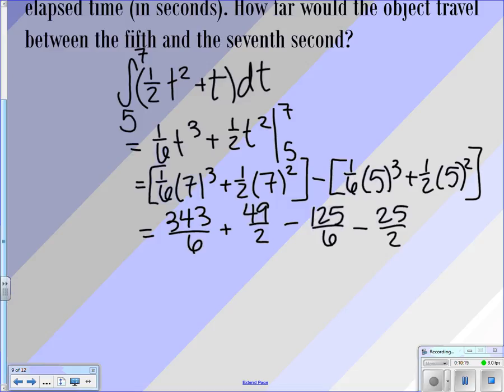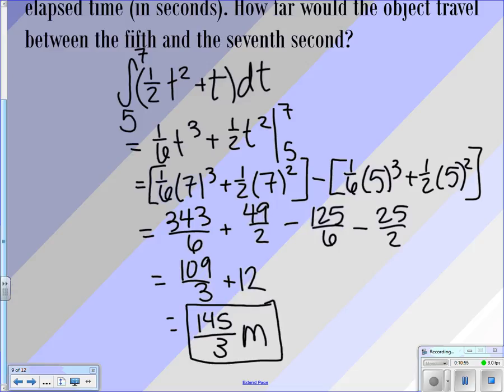So 343 minus 125 gives me 218 over 6, which reduces to 109 over 3. And then I have 49 minus 25, which is 24 over 2, so that's 12. So 109 over 3 plus 12, well, 109 plus 36 is going to give me 145 over 3. This was how far the object would travel, and that unit would be meters.